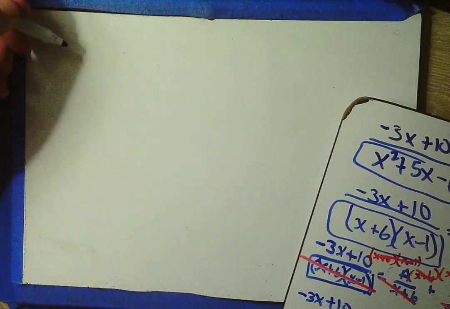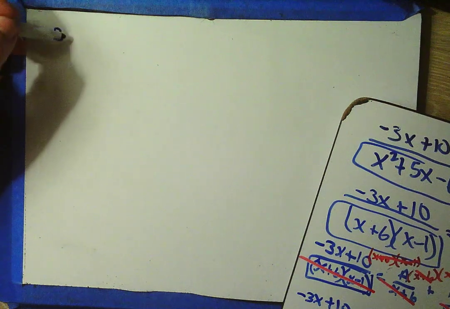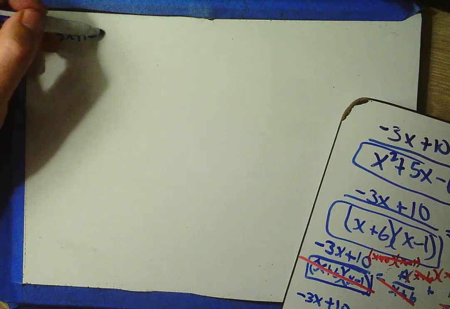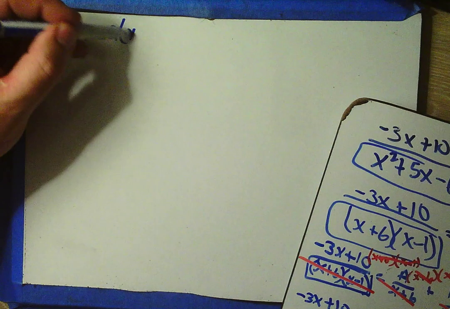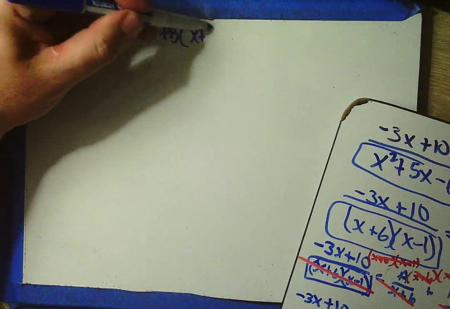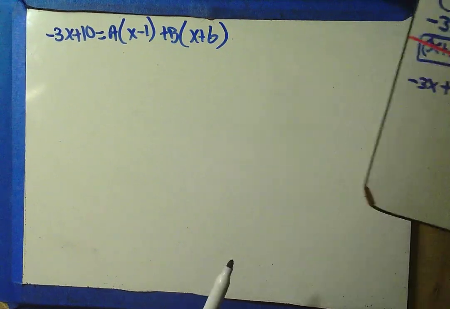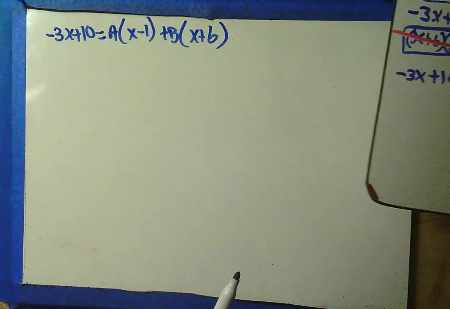But sometimes we have a, b, c, d, e, f. Okay, so right now we're looking at minus 3x plus 10 equals a(x minus 1) plus b(x plus 6). Let's take a look at systems first, because systems is very useful.